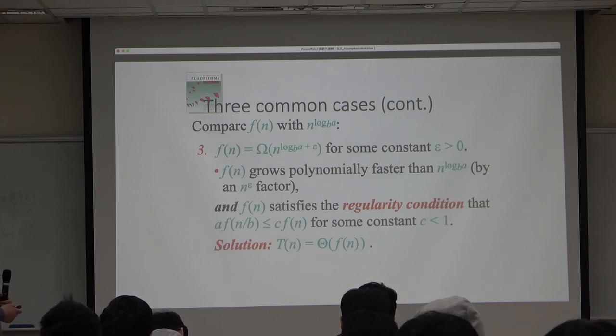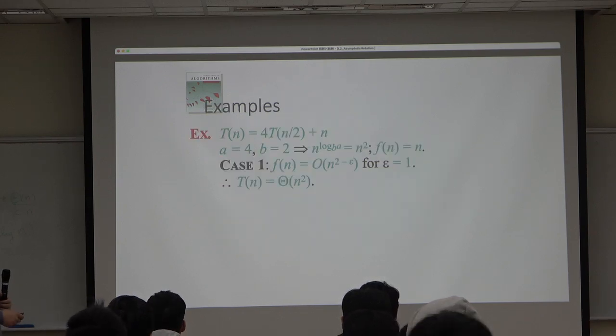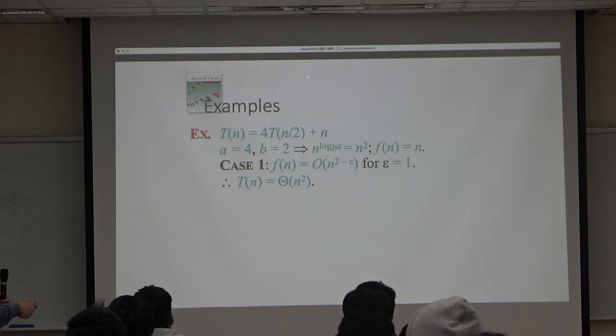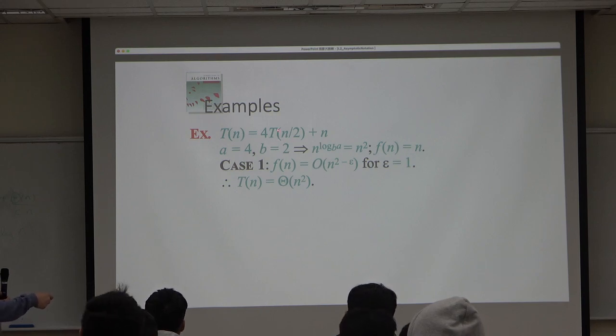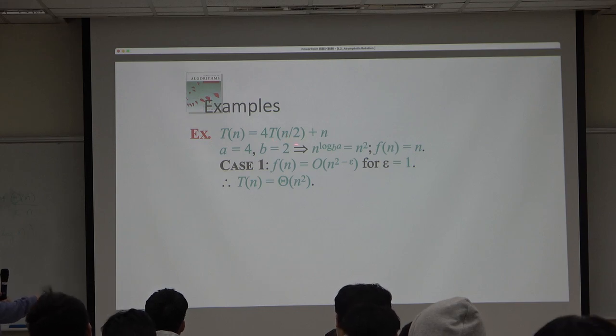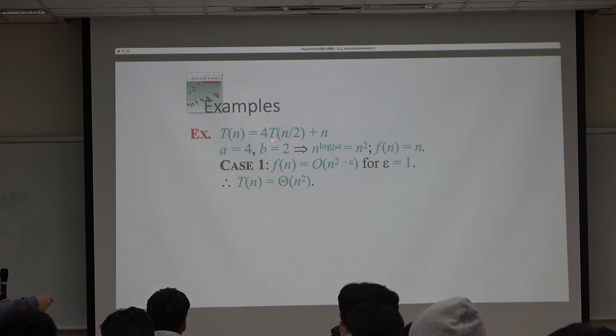First one, T of n equals 4 times T of n divided by 2 plus n. You break the problem into halves, but you need to solve 4 such subproblems, and then the merge cost is linear. So we know a is 4, b is 2.